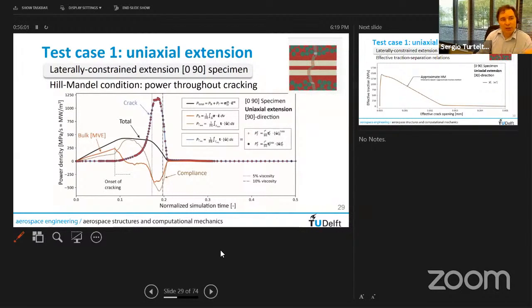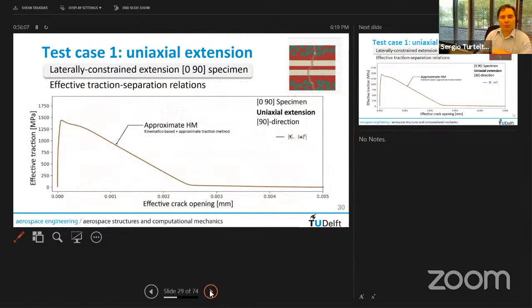What is interesting is that it gives you very different effective traction separation laws, the post-processing part. And to show you that, this is the previous method that I mentioned with an alpha parameter for this type of deformation. So you get this traction separation. Here you have the effective crack opening, and here you have the effective traction for the process.